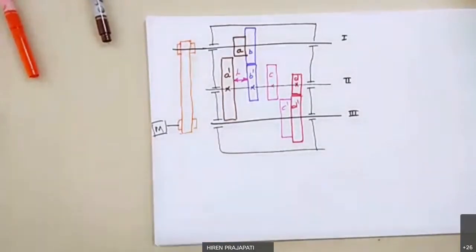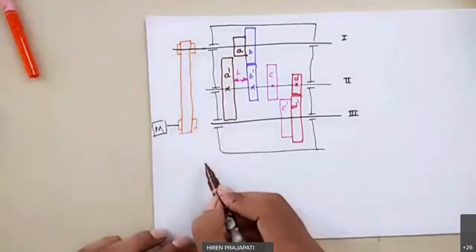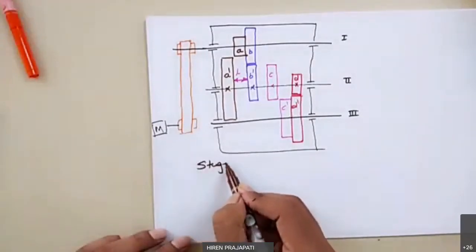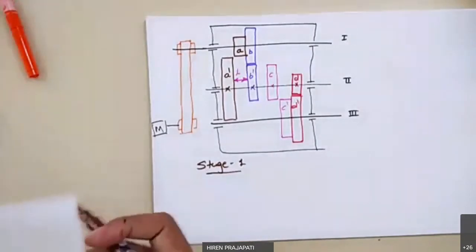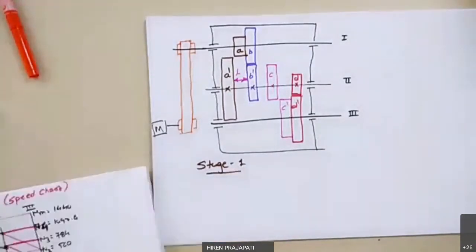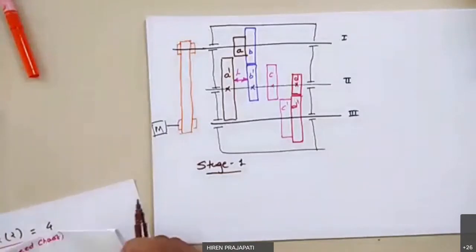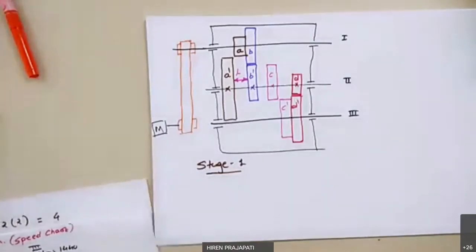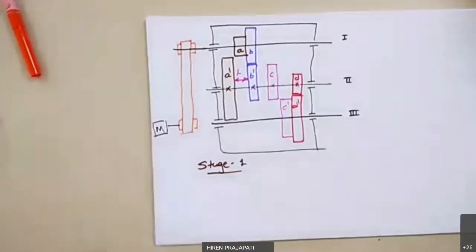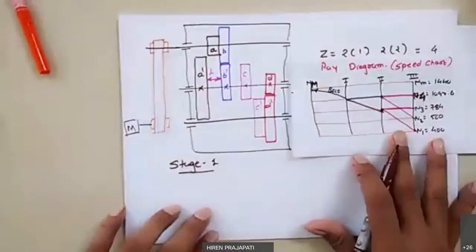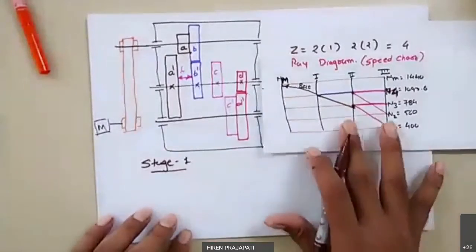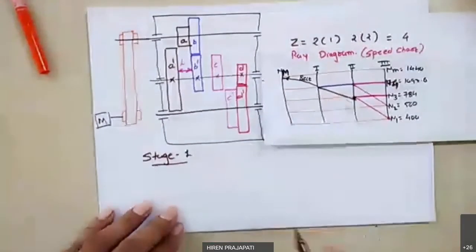So stage 1. If you look at stage 1, this is our ray diagram. In stage 1, this is our stage 1.